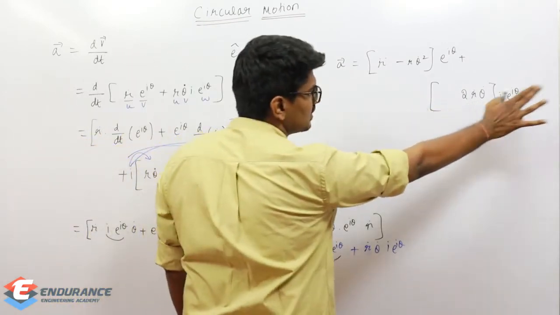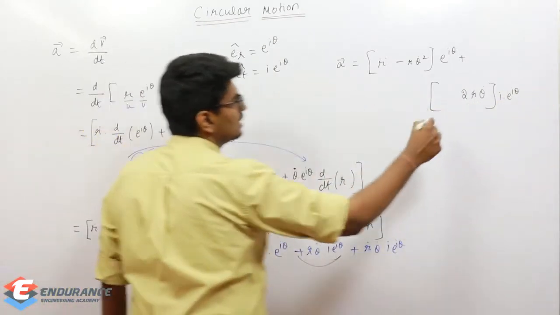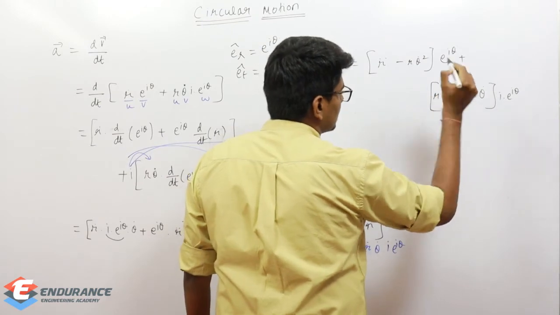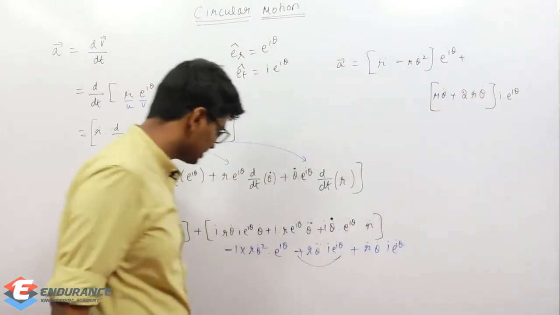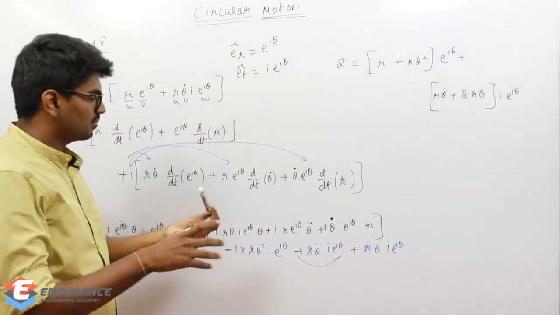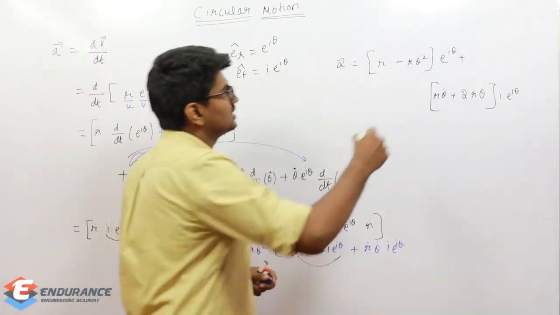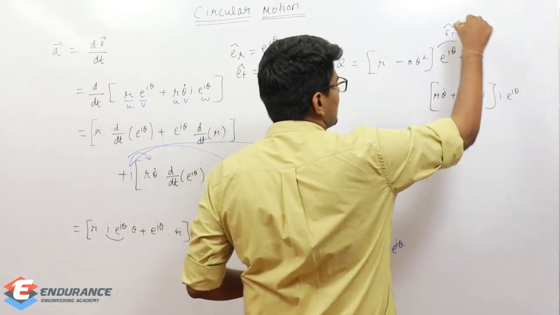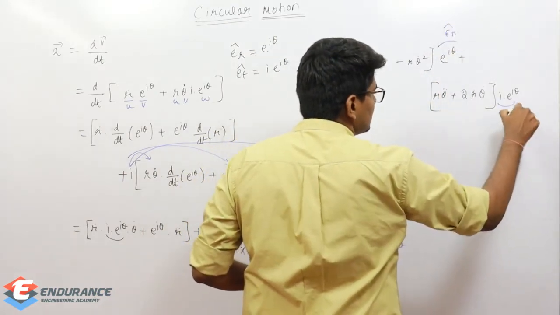I taken it commonly anyways, no issues. This is r theta double dot. Okay, am I right? Yeah. So these are the components, and again obviously this is e_r cap and this is e_t cap.